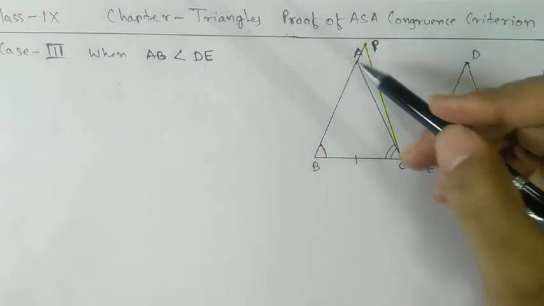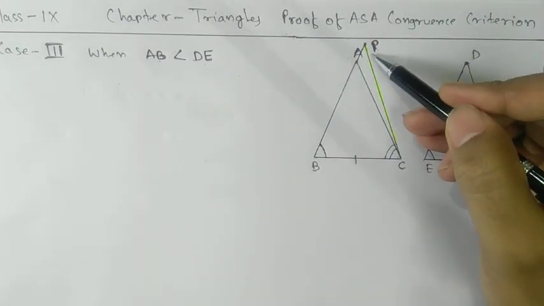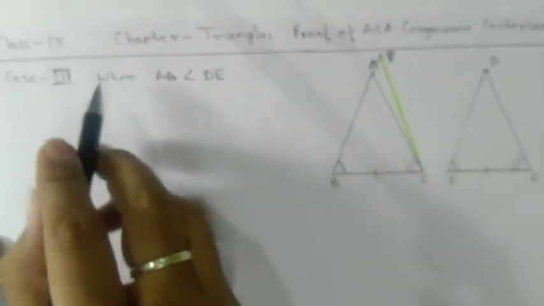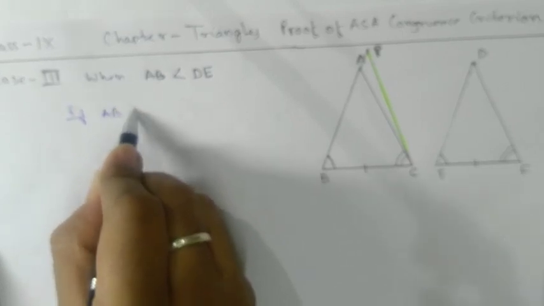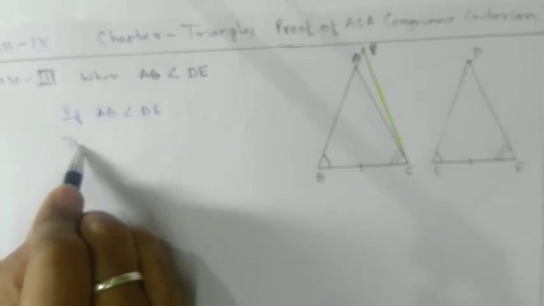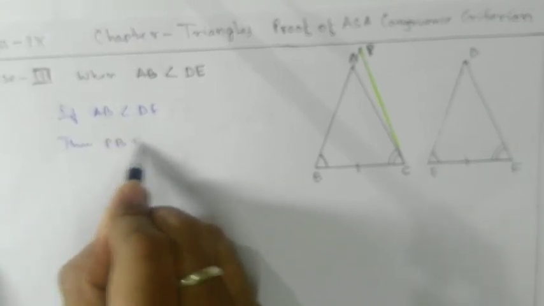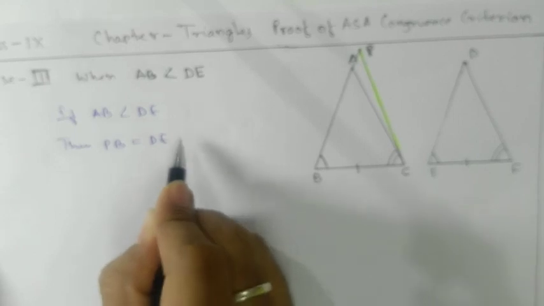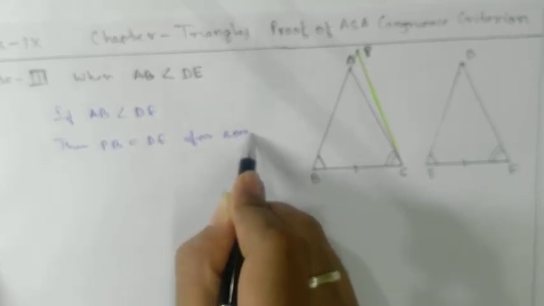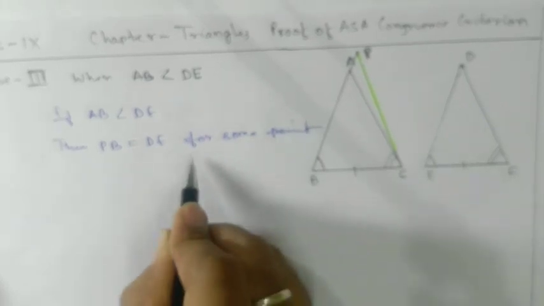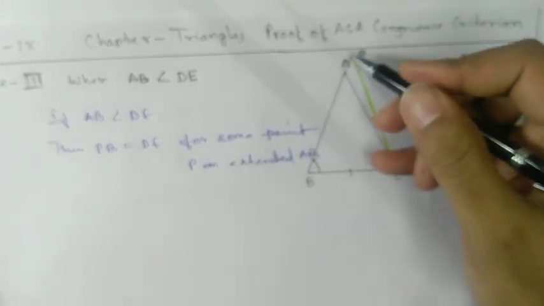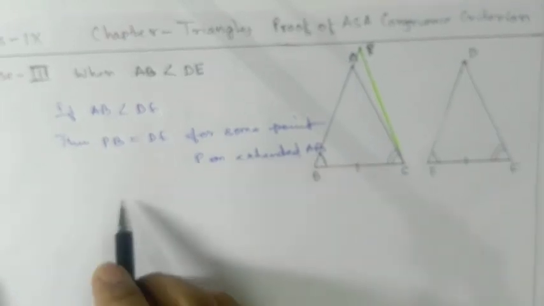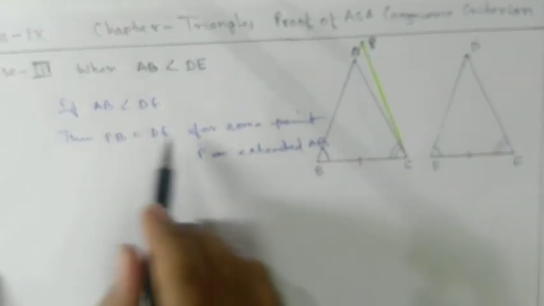If AB is not equal to DE, then there must be a point P. So in the third case, if AB is less than DE, then PB must equal DE for some point P on extended AB. You have already extended this AB to the outside, so this is your extended AB.